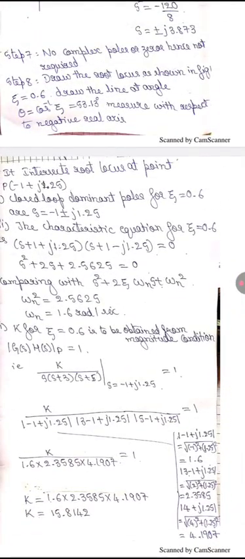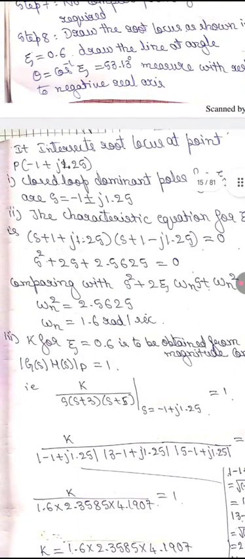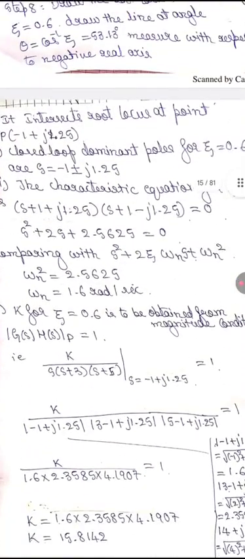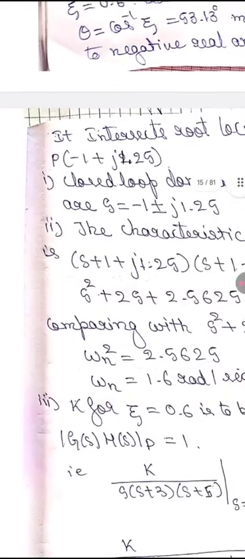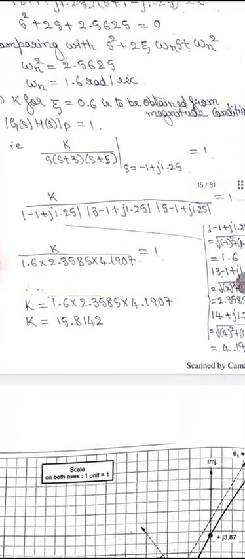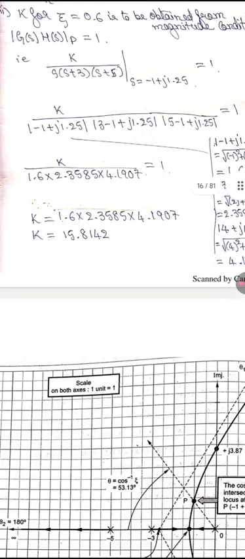Here for the closed loop dominant poles, they have just taken for the characteristic equation -1 plus or minus j1.25. But due to the intersect point, what we got, the value of P is -1 plus j1.25. That only you should consider in this case to find out k.